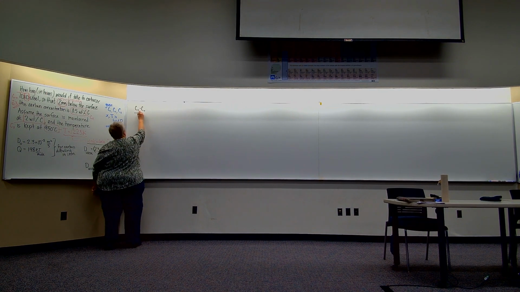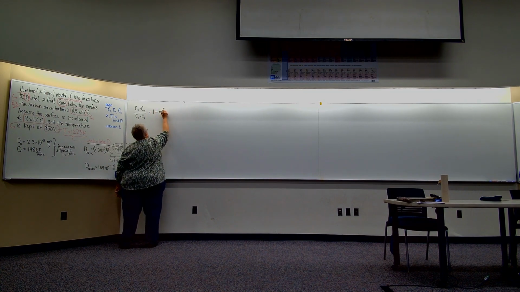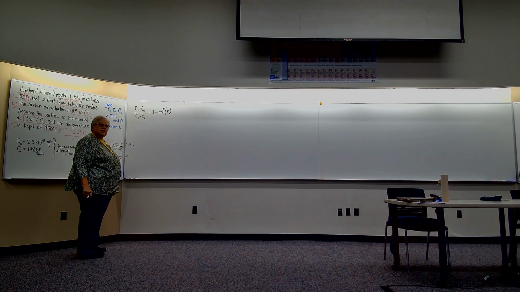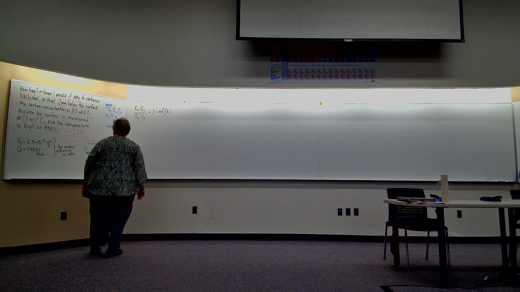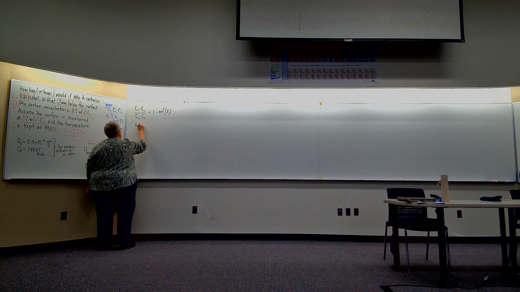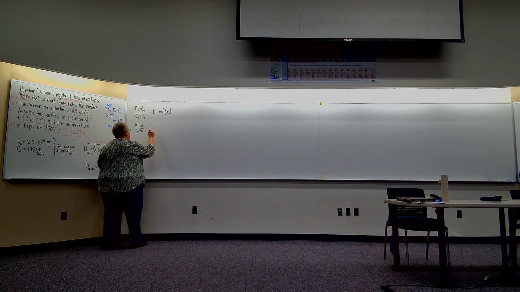So the left side of the equation, Cx minus C0 over Cs minus C0, we know all of that, is 1 minus error function. For right now, I'm just going to call that error function Z, and then we'll define what Z is once we find out its value. So Cx was 0.5, C0 was 0.1, Cs is 2, and that equals 0.21.